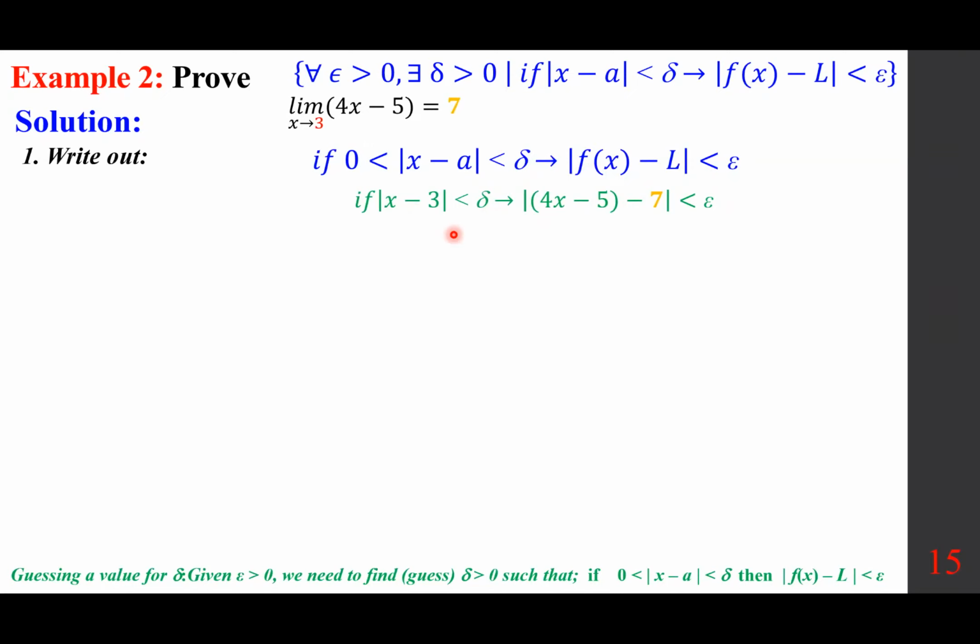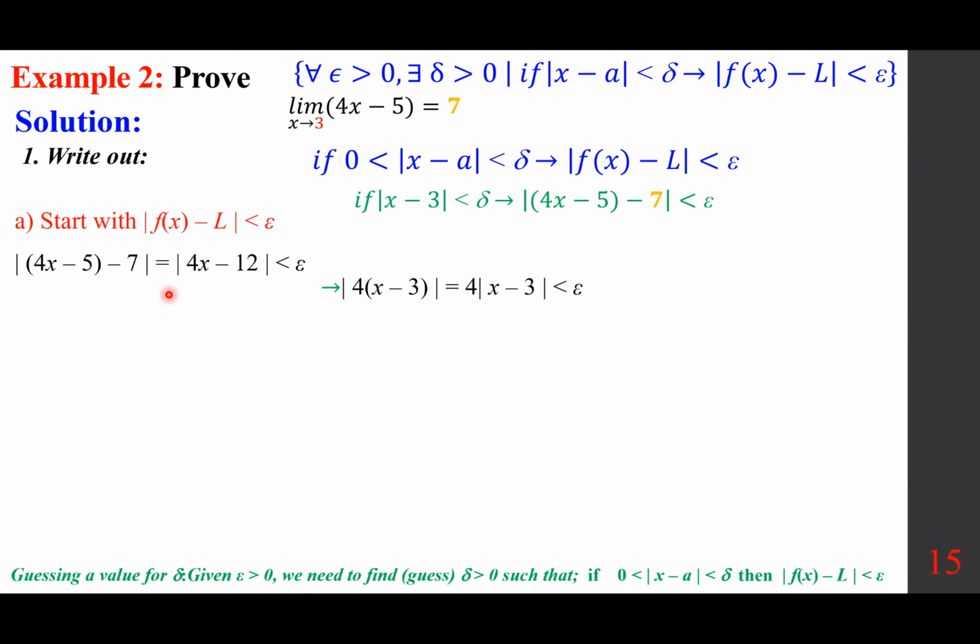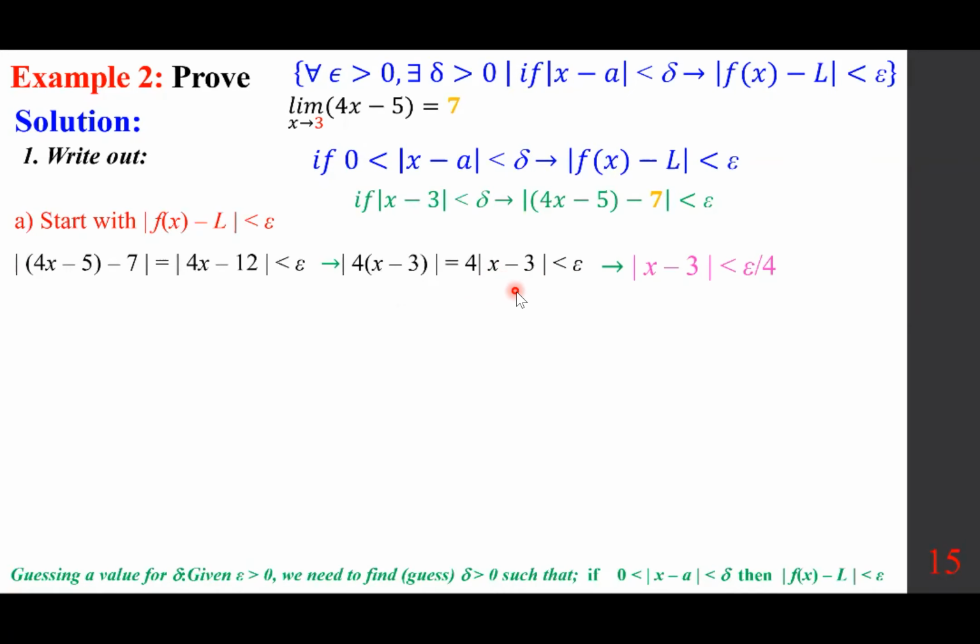So we are guessing a value. That's what we are trying to do. All right, so let's start with this. It becomes 4x minus 12. We can factor the 4 out, and that means I can divide both sides by 4, and absolute value of x minus 3 is less than epsilon over 4.